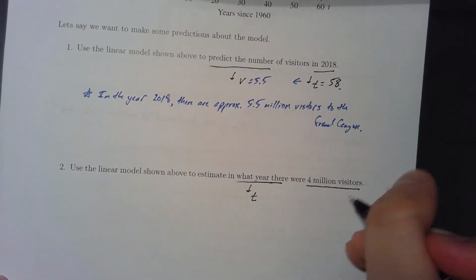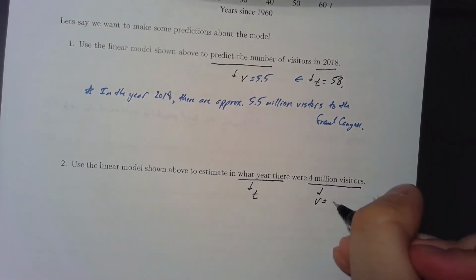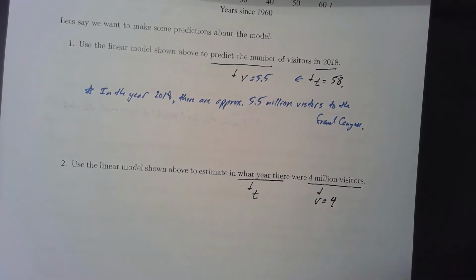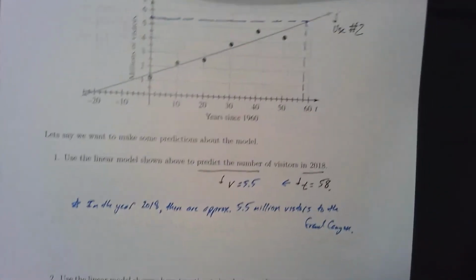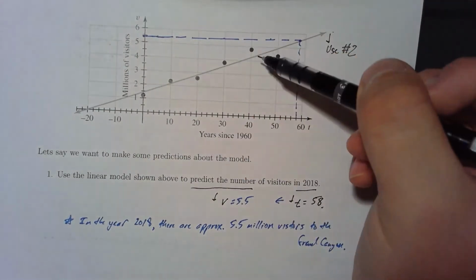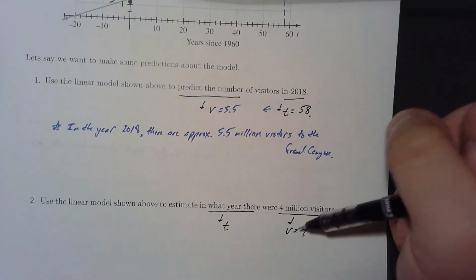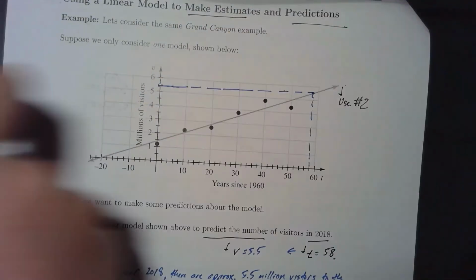Well, that's saying that the value v is equal to 4. Right? So in this problem, I'm not starting here. I'm starting here. I'm going over to find the value of t. So v equals 4 is over here, right?